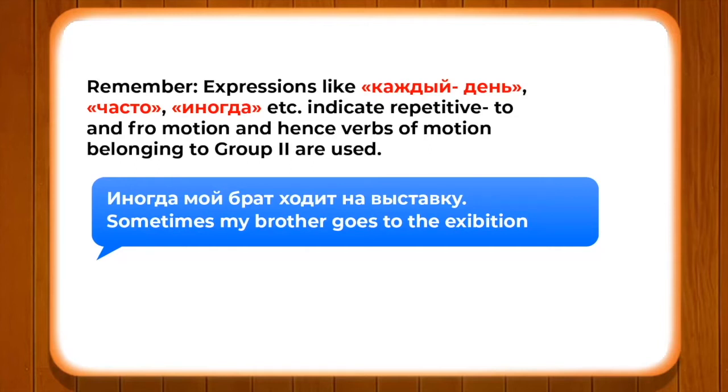Every day he goes to the center. So now we have learned about expressions like каждый день, часто and иногда, which mean that the movement is repetitive, to-and-fro and multi-direction. So the verbs of motion belonging to group 2 like ходить and ездить will be used.